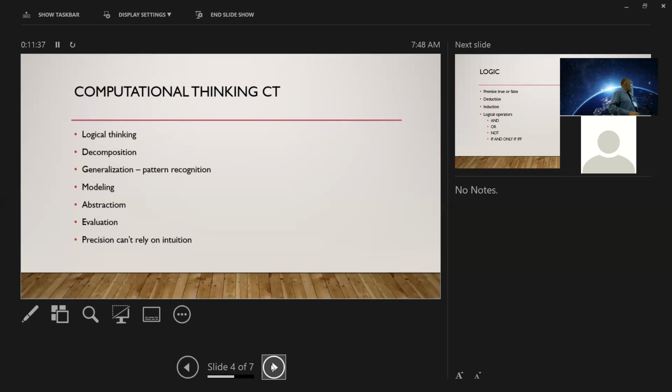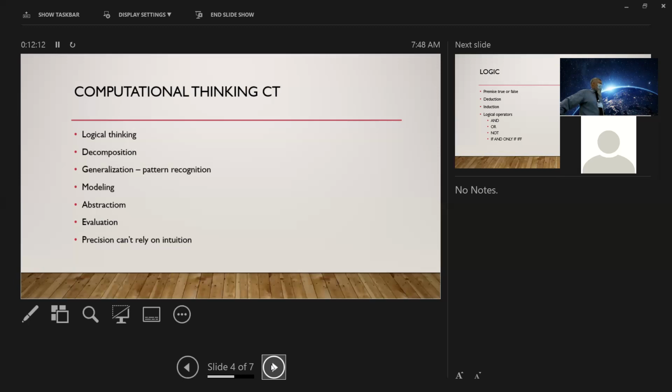Oh, I spelled abstraction wrong; that was a bit of a hurry. Abstraction follows from that idea. Abstraction is going from something that's not well defined to something very carefully defined, but in the simplest way possible. Evaluation, I hope that makes sense, is where we look at various data and come to some kind of judgment on it. It's horrible talking with a mask.